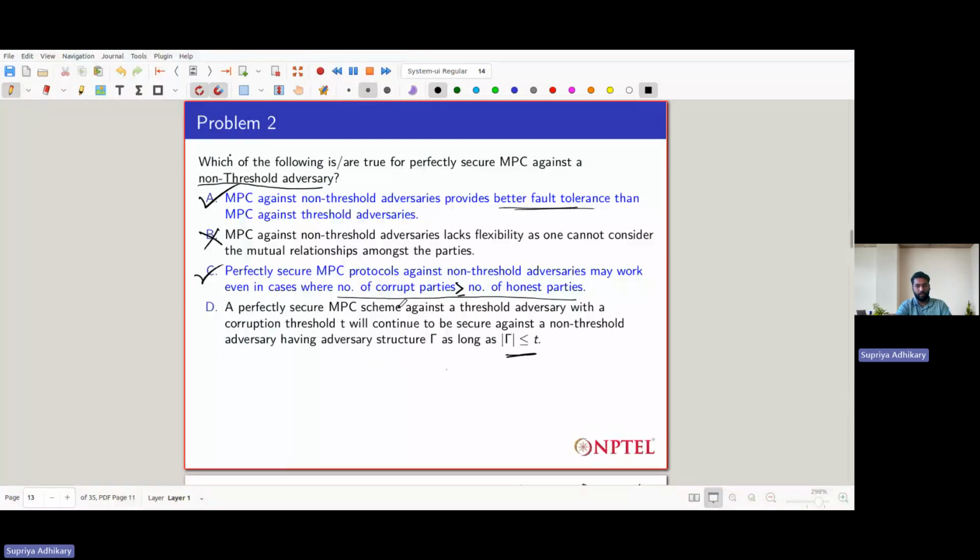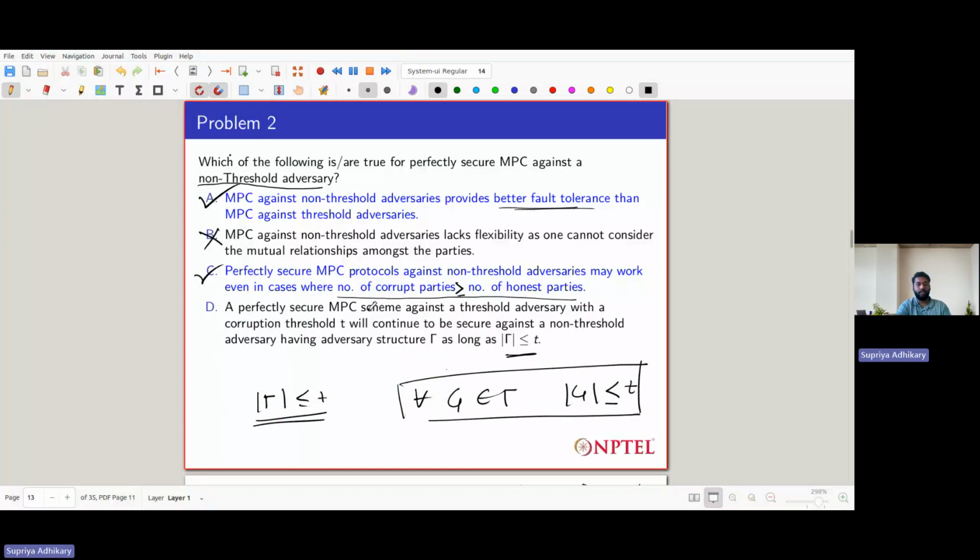We could say that it was true if the condition was like this: instead of gamma less than or equal to T, we had that for all G in gamma, the cardinality of G is less than or equal to T. Then we could say this is true, because we have a secure MPC protocol in the threshold model with threshold T. That means if T many or fewer than T many participants are corrupted, then the MPC protocol is secure.